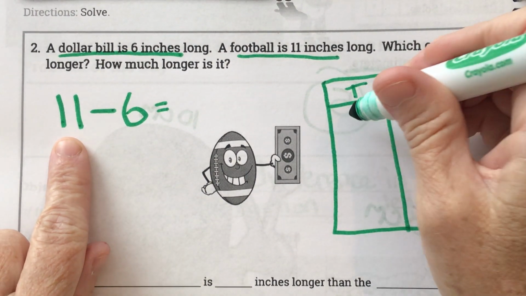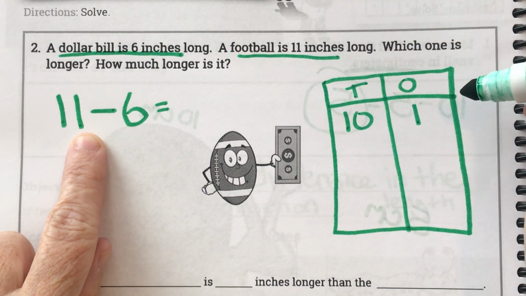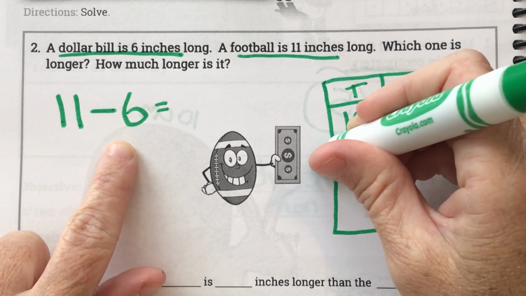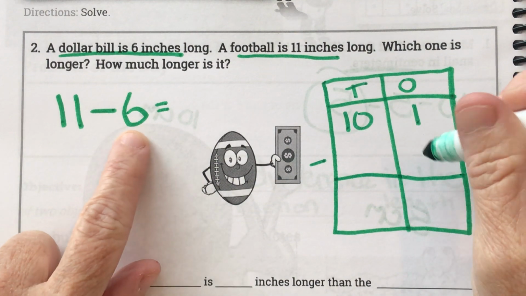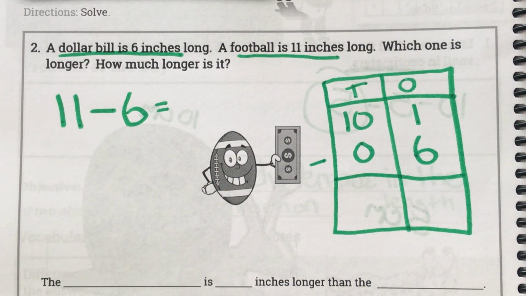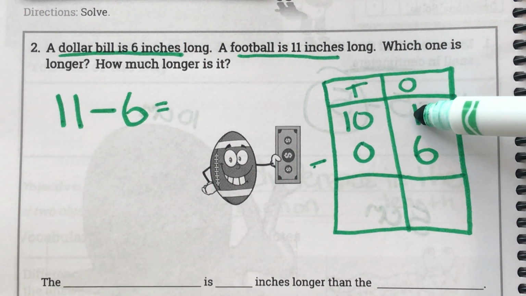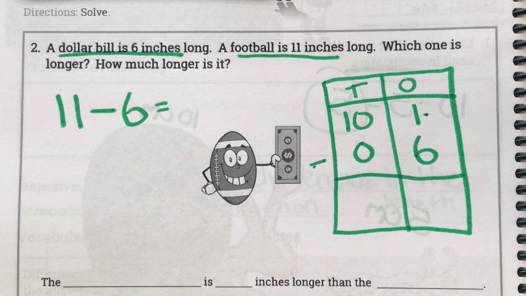For 11, I have 1 10, which is 10, and then I have 1 1. And then I'm going to take away, for 6, 0 10s and 6 1s. Now the reason I wanted to set this one up is because it's a little bit tricky, because when I go to solve it, I get 1 take away 6. If I had 1, could I take away 6?